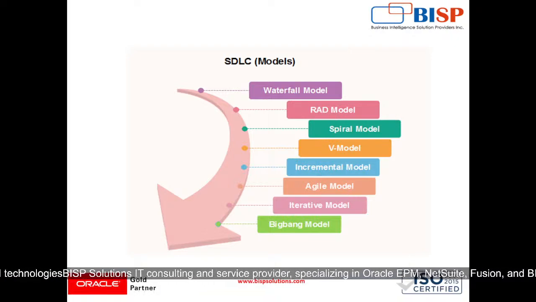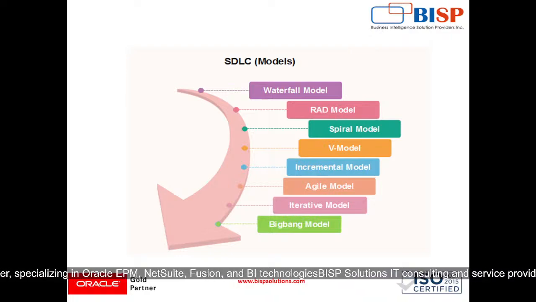Then comes our V model, which is the verification and validation model. Here, testing is planned parallel to development phases, ensuring early validation. In NetSuite, it is suitable for projects requiring strict quality control, such as financial module customizations. Limitations: it is highly rigid and does not support changes after the testing phase starts. It can be time consuming for small and simple projects.